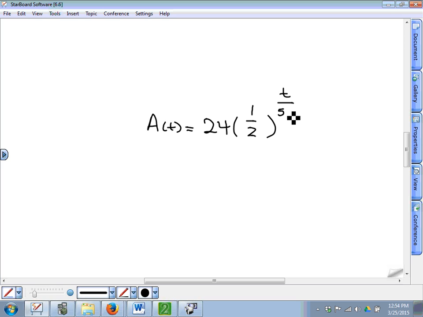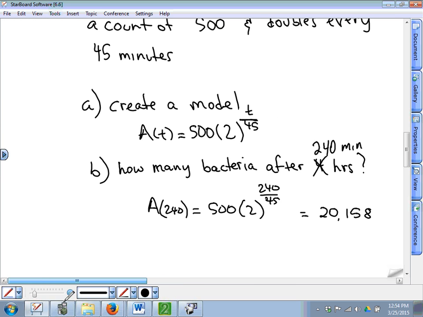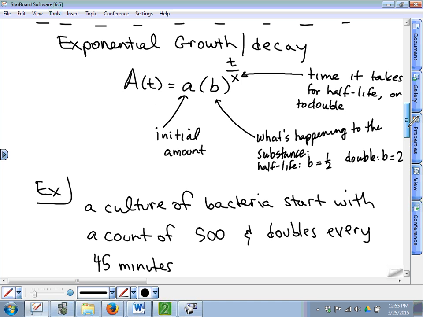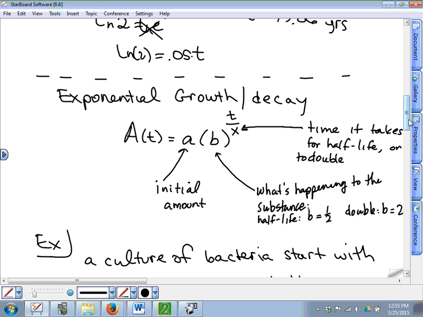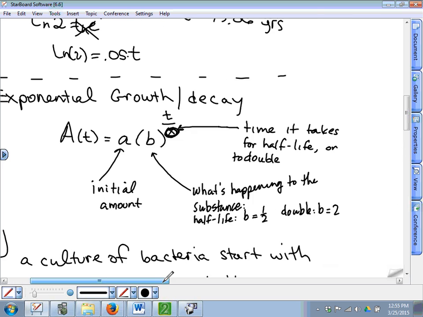Wait, but you said T was on the bottom. I know, I think I might have confused you. Let me go back up here. I had to switch it. I want you to leave T as just T. The number down here is the time it takes for the half-life or the doubling. The half-life time or the doubling time always goes on the bottom of this exponent. Okay?